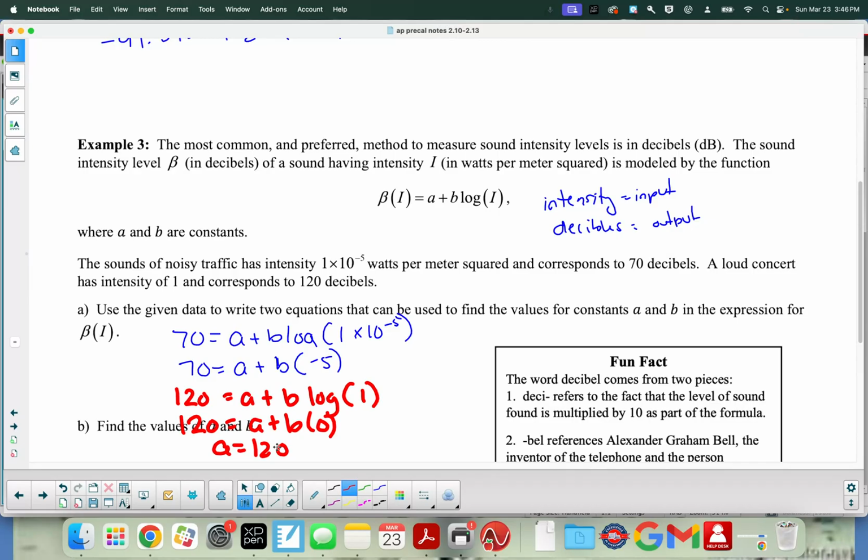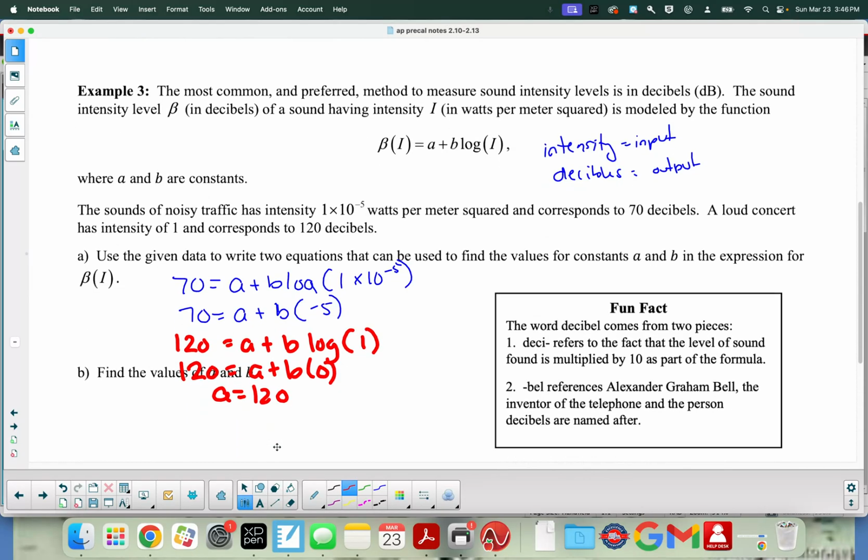Okay, and again, this is just because this is done in log base 10, and that's how intensity is ranked, in base 10 things. So it actually is kind of nice. It cancels out for you. So I know that a is 120, so now I can plug it back into the first equation. 70 equals 120 plus b times negative 5. That's just negative 5b.